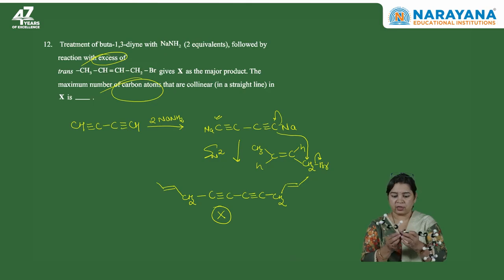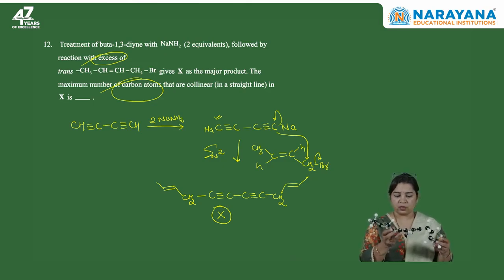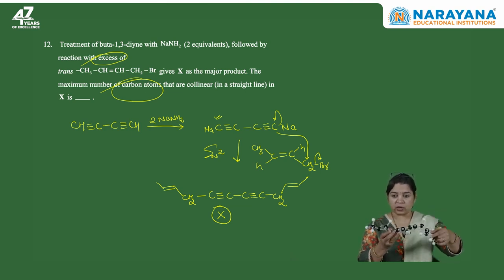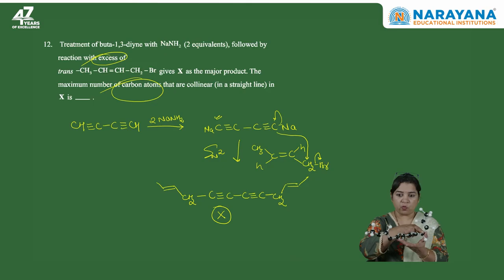And then this is formed with this. So check, so many carbon atoms are there. Yes, about a single bond you can also have conformations. But in a straight line at any point of time, how many carbons could be in a straight line? Let us see. Let me help. 1, 2, 3, 4, 5 and 6.